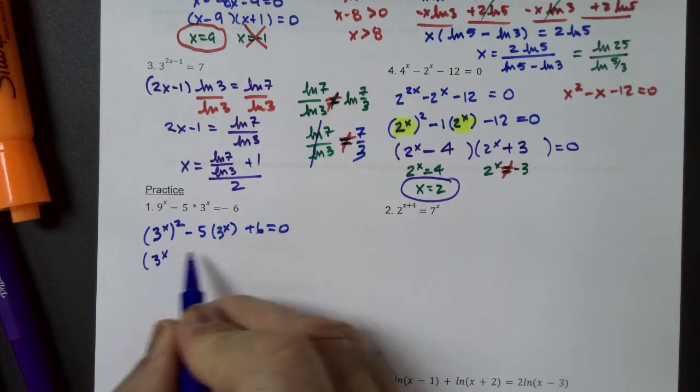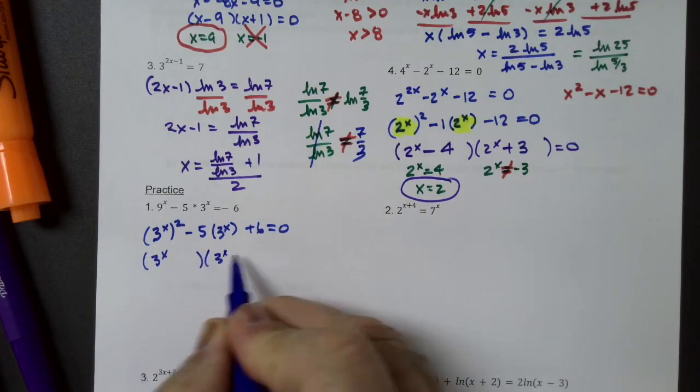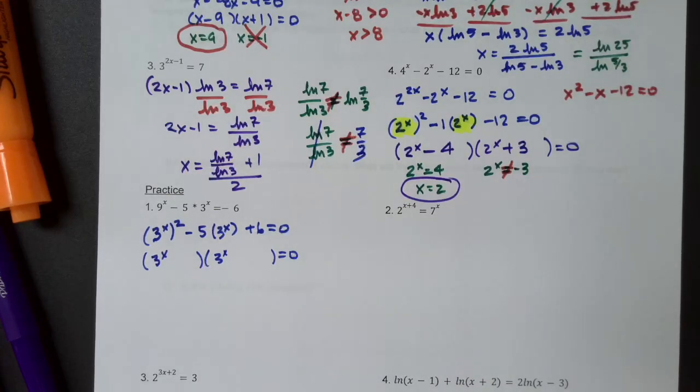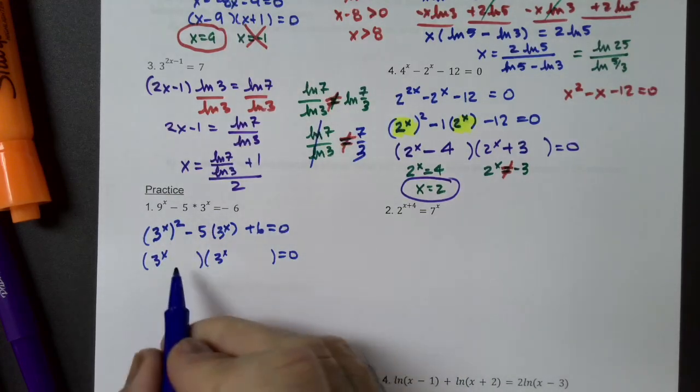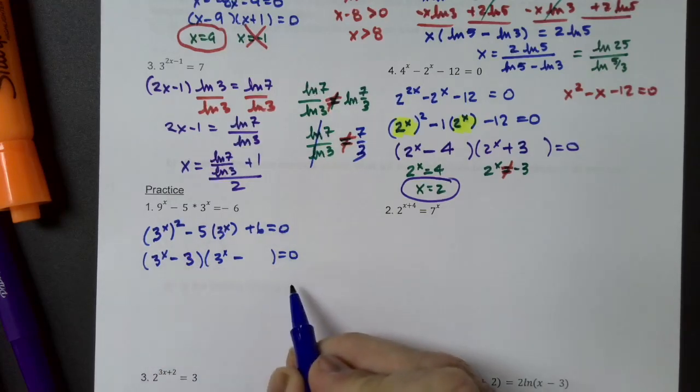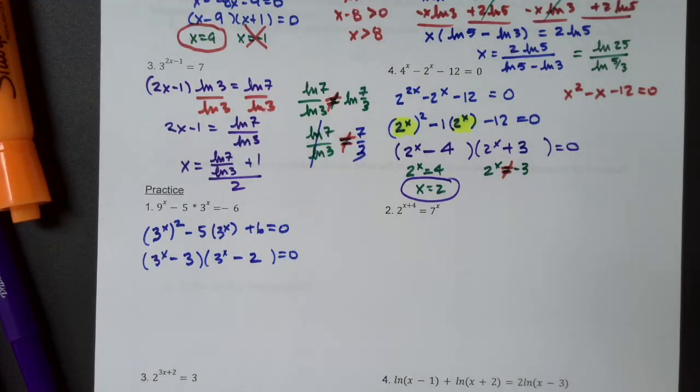The factoring just jumps out at us because we see that we have a positive 6 and a negative in the middle, so both of these are going to be negative. And of course 3 times 2 gives us 6.